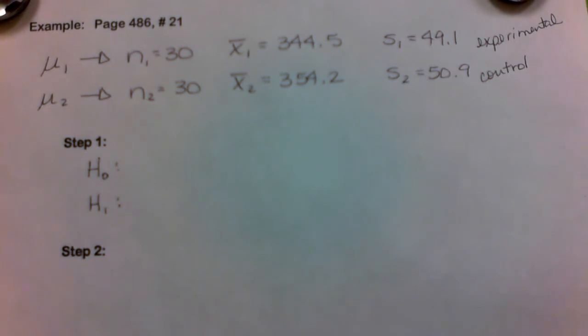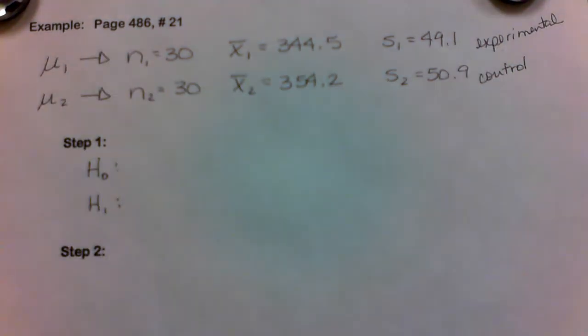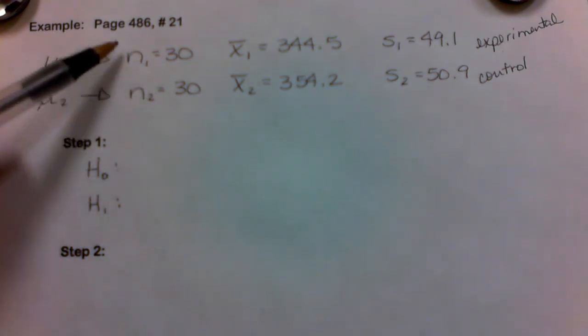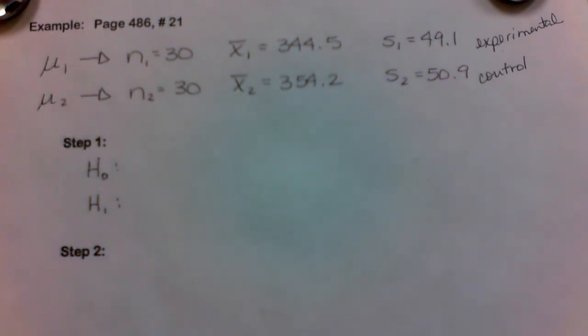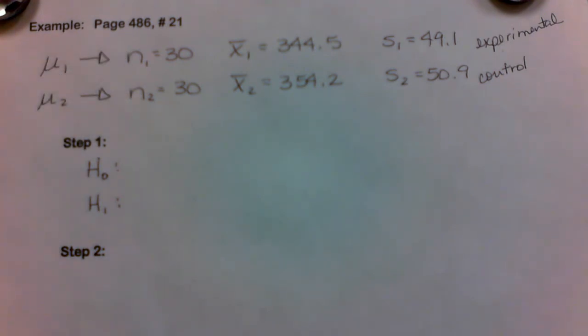In the experiment, the children were randomly divided into 2 groups. One they called the experimental group, and the other one they called the control group. Notice N1 and N2 are both 30, so my df will not be difficult because they had the same sample size. But again, if your sample sizes are different, always choose the smaller minus 1.